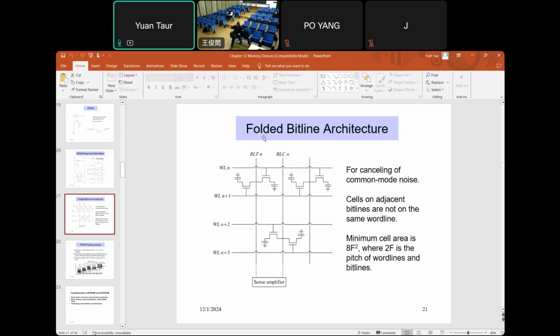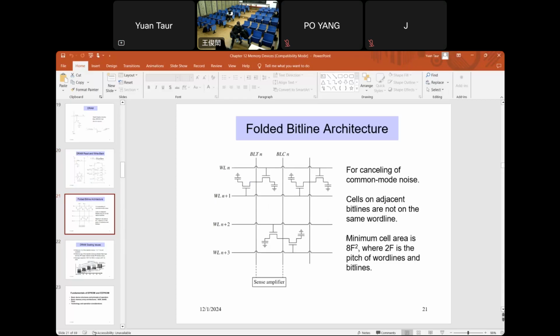we have to use the so-called folded bit line architecture, so that the area of the cell actually is 8F squared. F is the minimum feature size. Usually it's 4F squared if you have a cell at each cross section between bit line and word line.